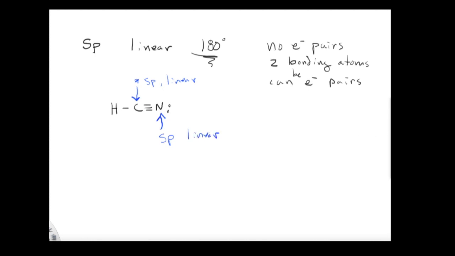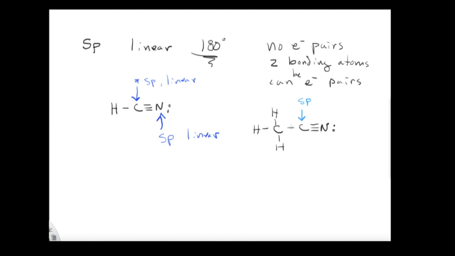In organic chemistry, the simplest example that comes to mind right now is acetonitrile, which has this overall chemical structure to it. And if we focus in on the carbon that is triple bonded here, this is sp, right?